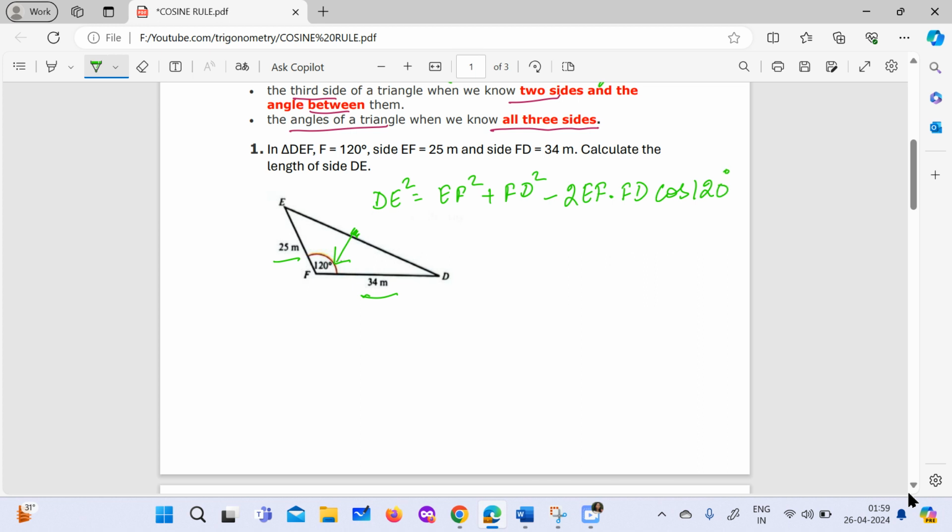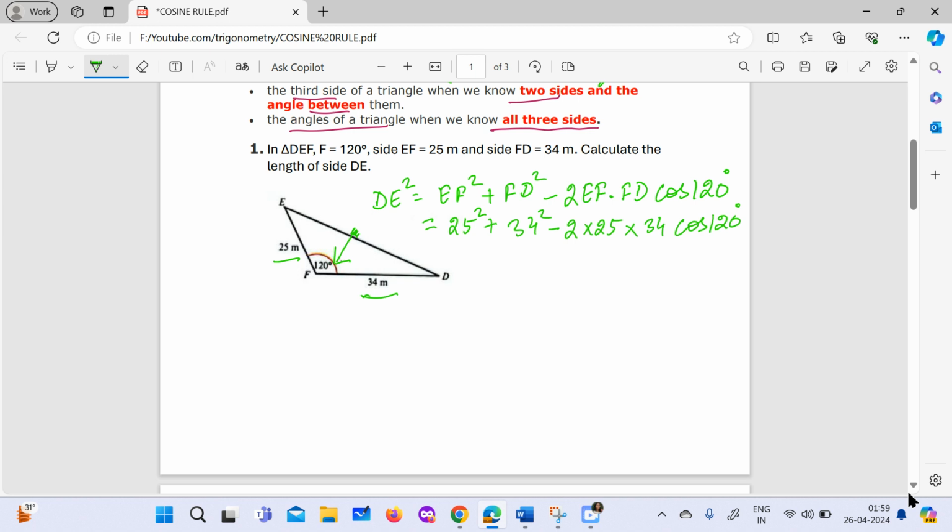So I wrote cosine rule with reference to the given side and angle. Now I will input all the values. So since I'm looking for this, so EF is nothing but 25 squared plus FD is 34 squared minus 2 times 25 times 34 cos 120 degree.